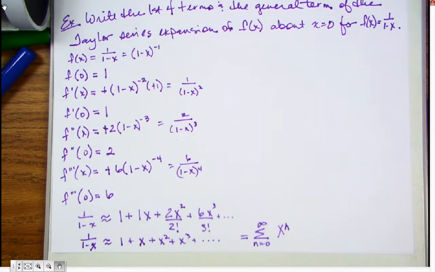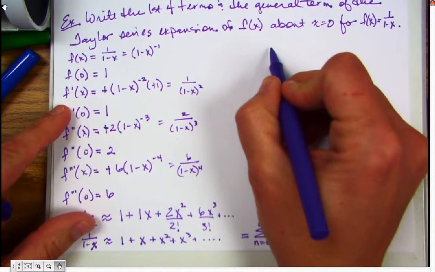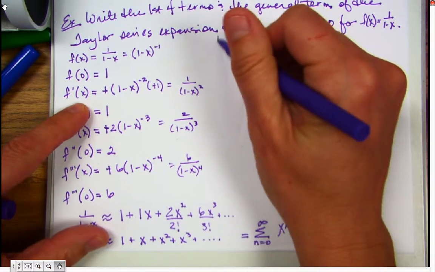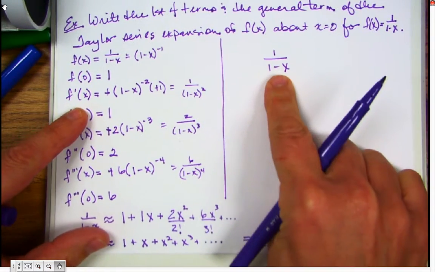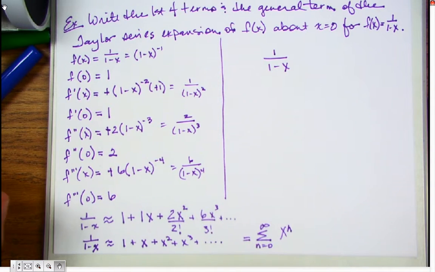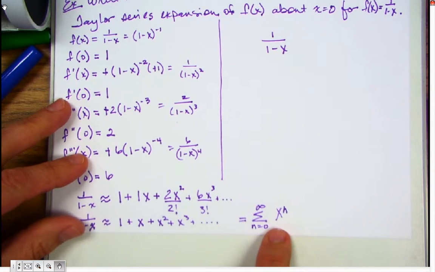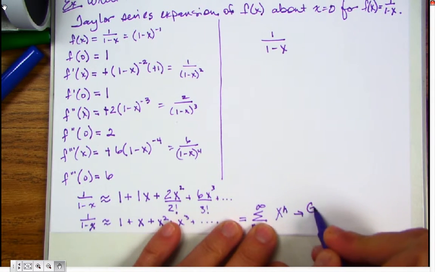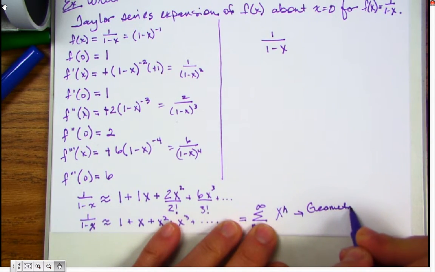So I want you to go back up to this 1 over 1 minus x. What does that represent? If this is the geometric series, is that the sum? That is the sum.